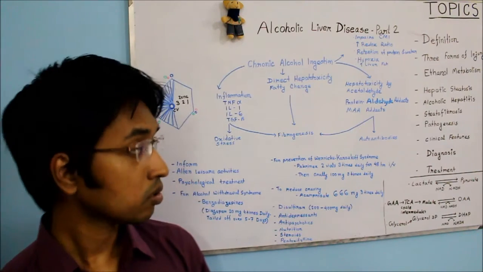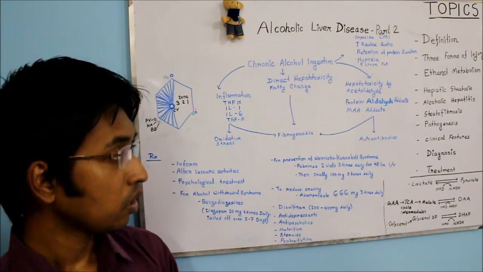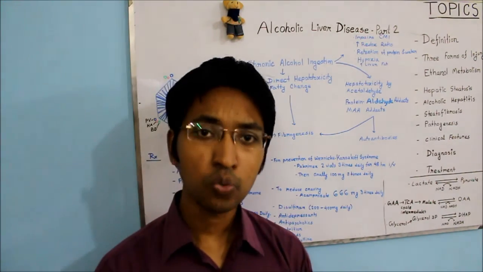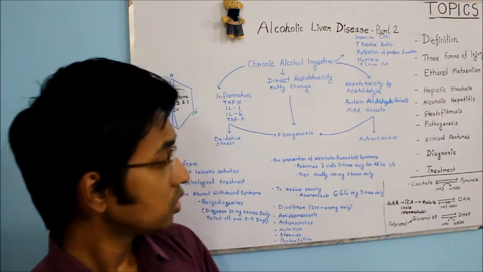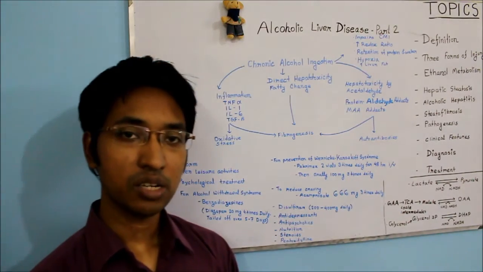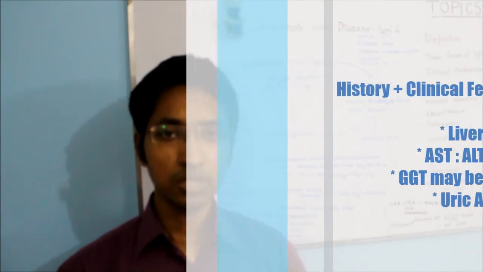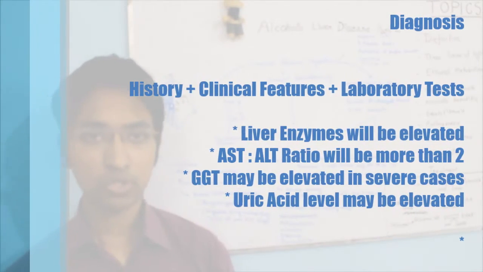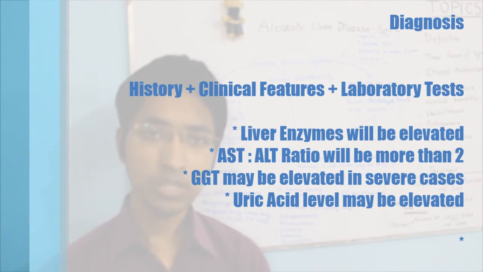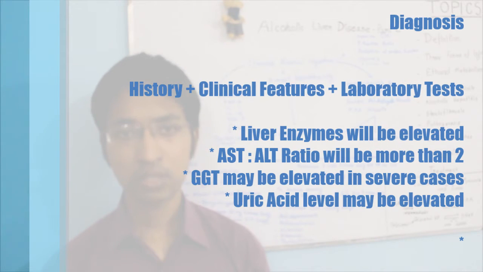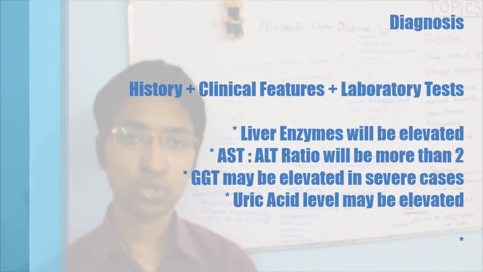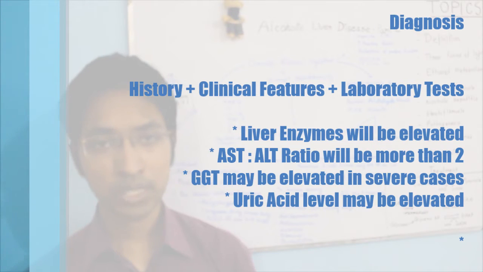So now that we have talked about the clinical features of alcoholic liver disease, now we will move on and talk about the diagnosis of alcoholic liver disease. Now, the diagnosis of alcoholic liver disease is based on history of alcohol abuse, clinical features, and of course on the laboratory findings.